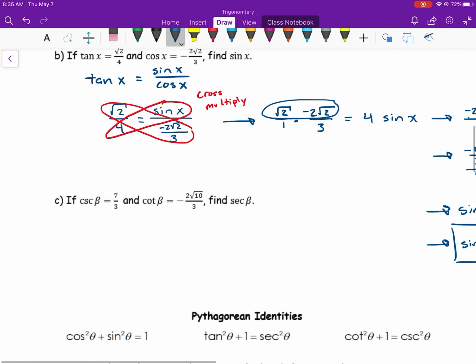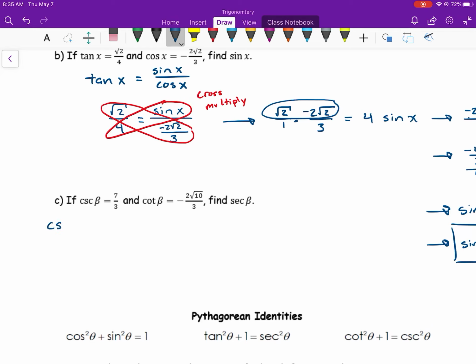And then in C, we are given cosecant of beta is equal to 7/3, and cotangent of beta is negative 2 root 10 over 3. Alright, I know a couple different things here.